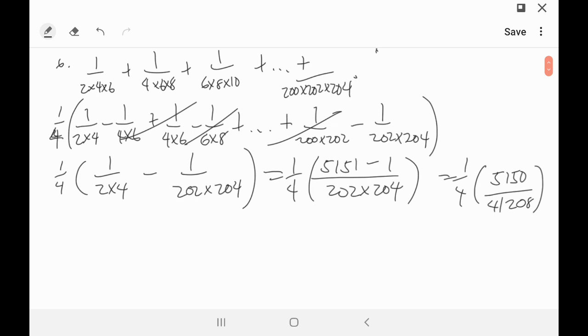Okay, so 5150 divided by 4 is, you can't, let's divide this by 2 first. So 5150 divided by 2 is, oh sorry, I think we better divide this one by 2.